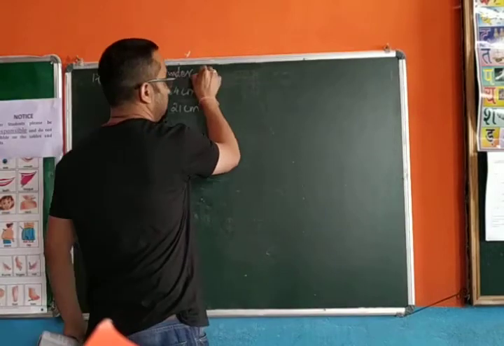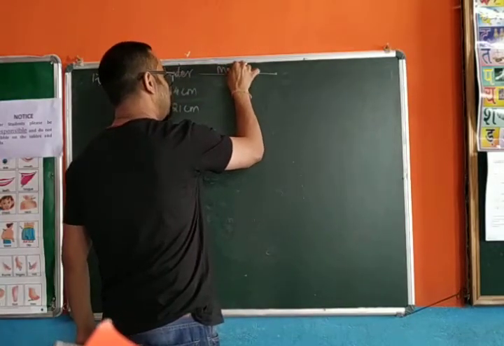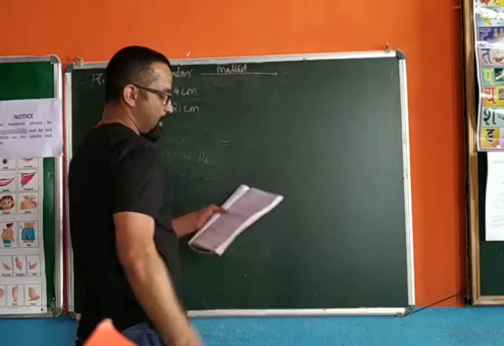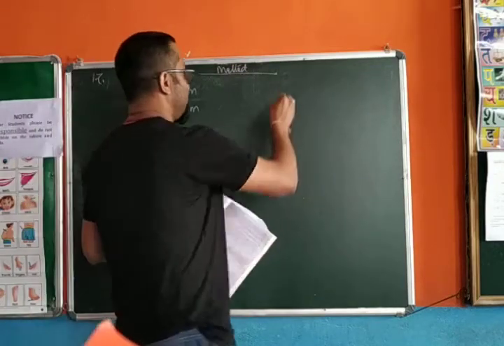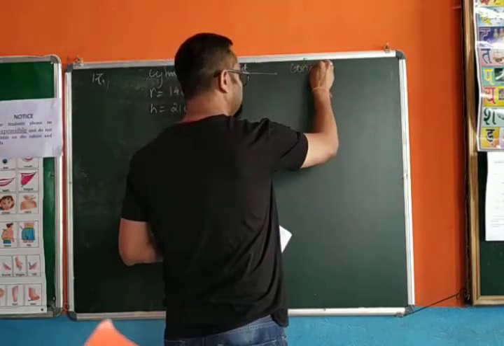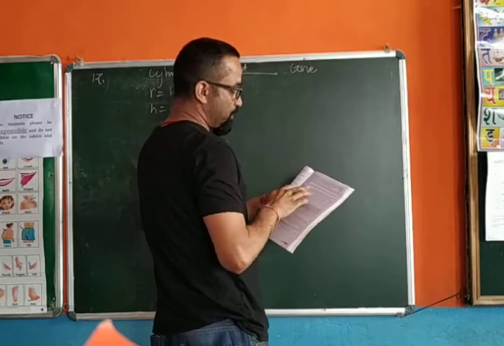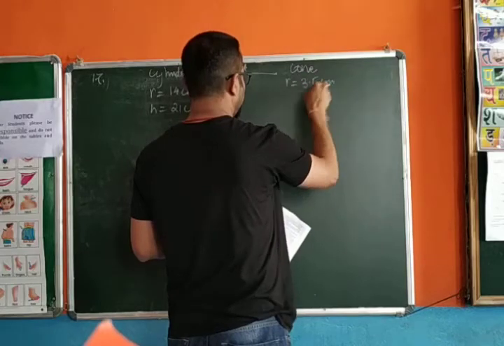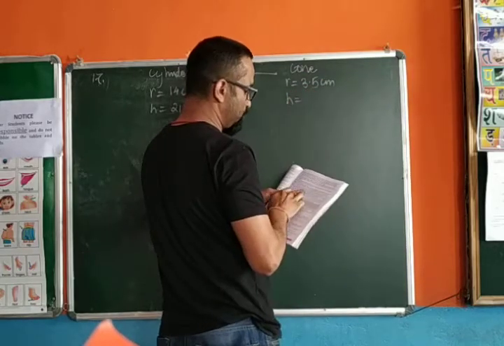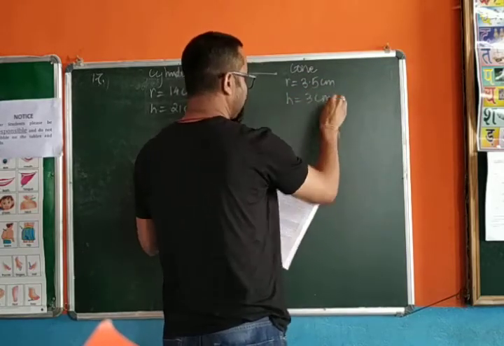It is getting melted and recast into small cones. So you write cones here. Each of radius 3.5 centimeter, height is given, which is equal to 3 centimeter.